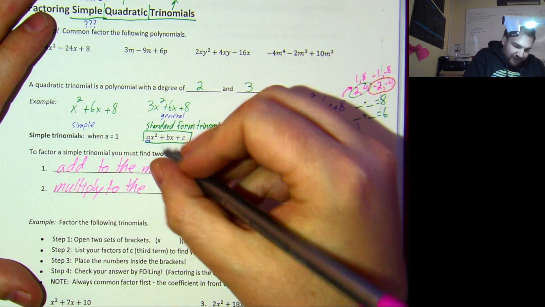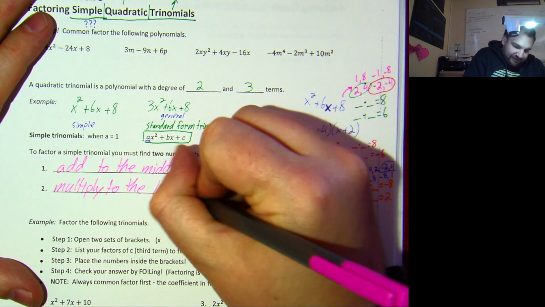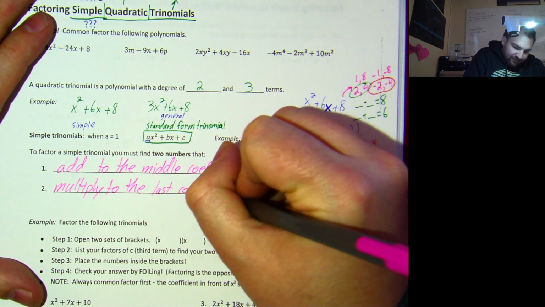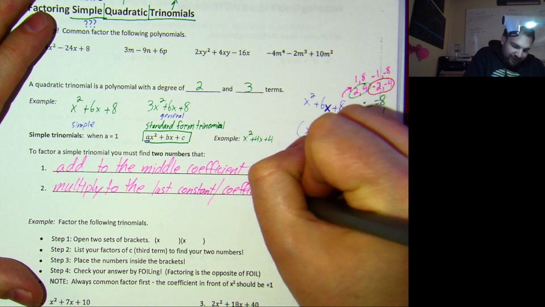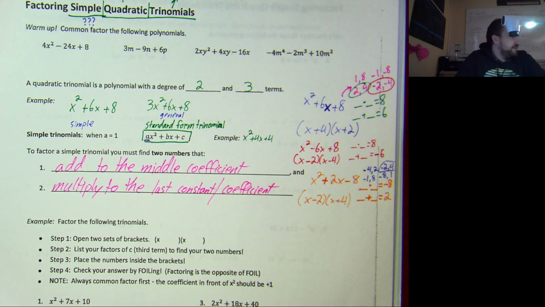So we're going to say here multiply to the last constant slash coefficient, and I'll show you some examples where the last one isn't a constant. There's a variable there as well.